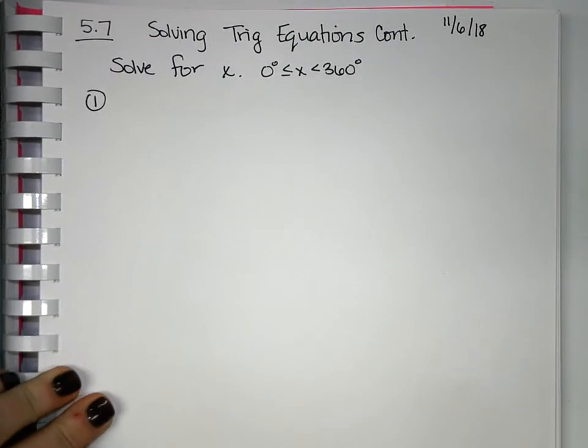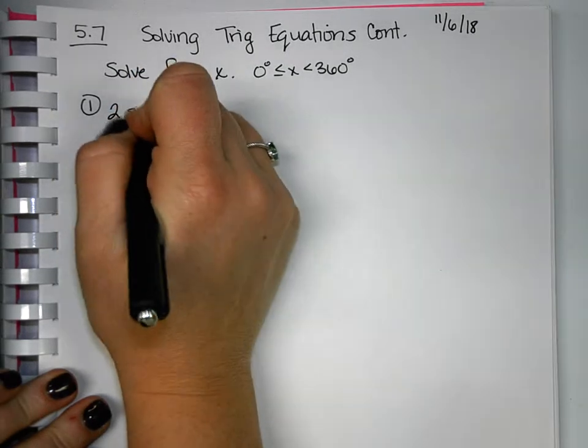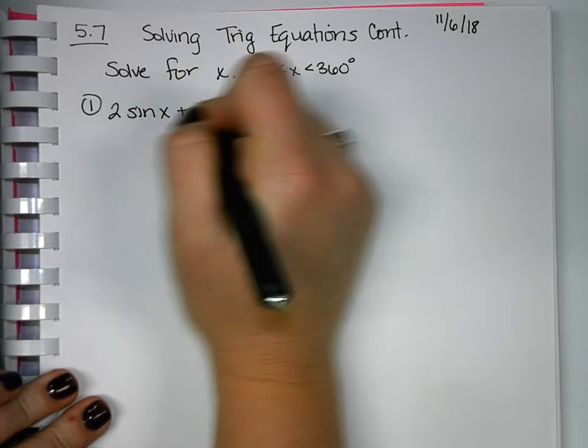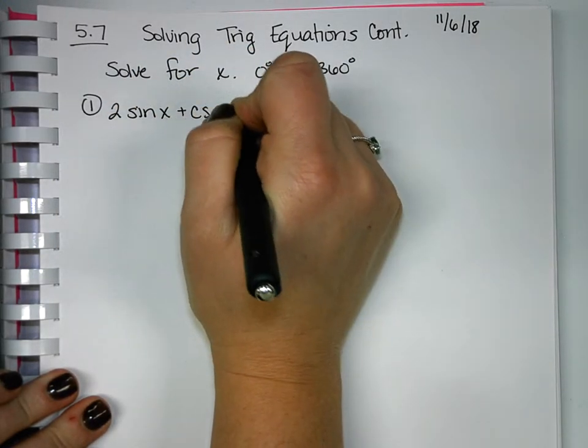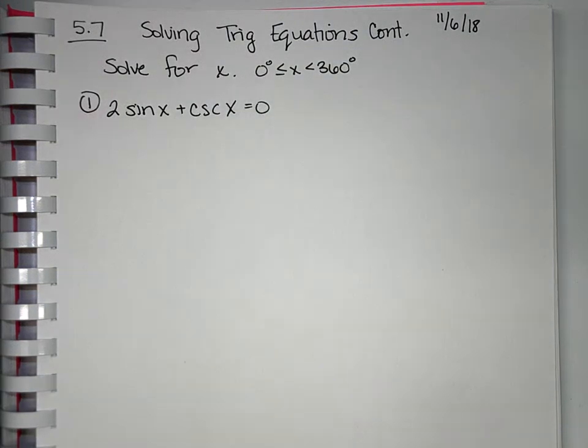So this first one that we're going to look at: 2 sine x plus cosecant x equals 0. One of the first things that we want to do when we're solving is get the same trig function.